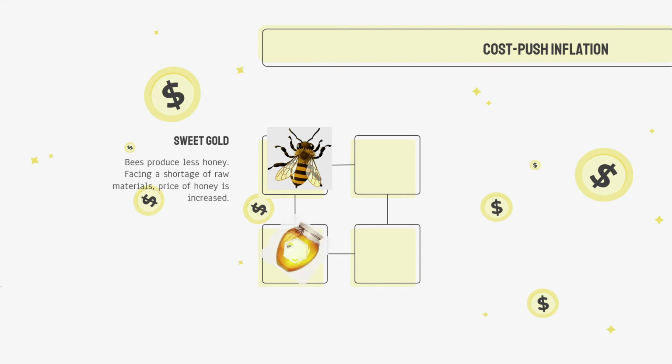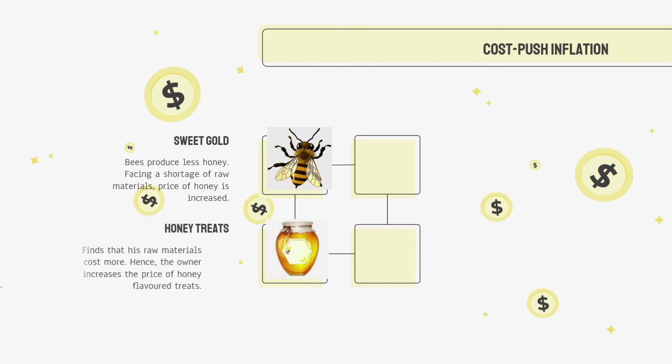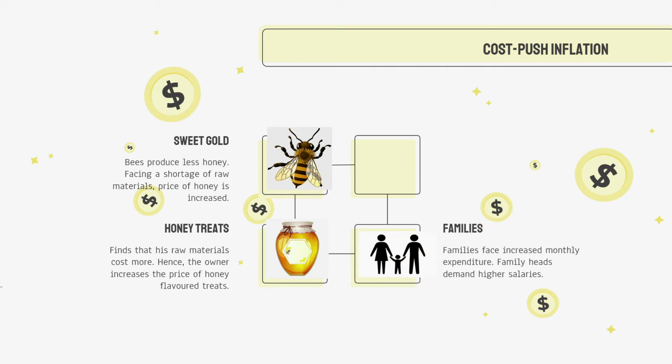The next day, he mails his business partner, Honey Treats, that he has increased the price of his honey. The owner of Honey Treats immediately raises the price of his product, the honey-flavored snacks. The families that regularly consumed these honey-flavored snacks saw a rise in their monthly expenses, and thereby their family heads started demanding higher salaries in their respective jobs.